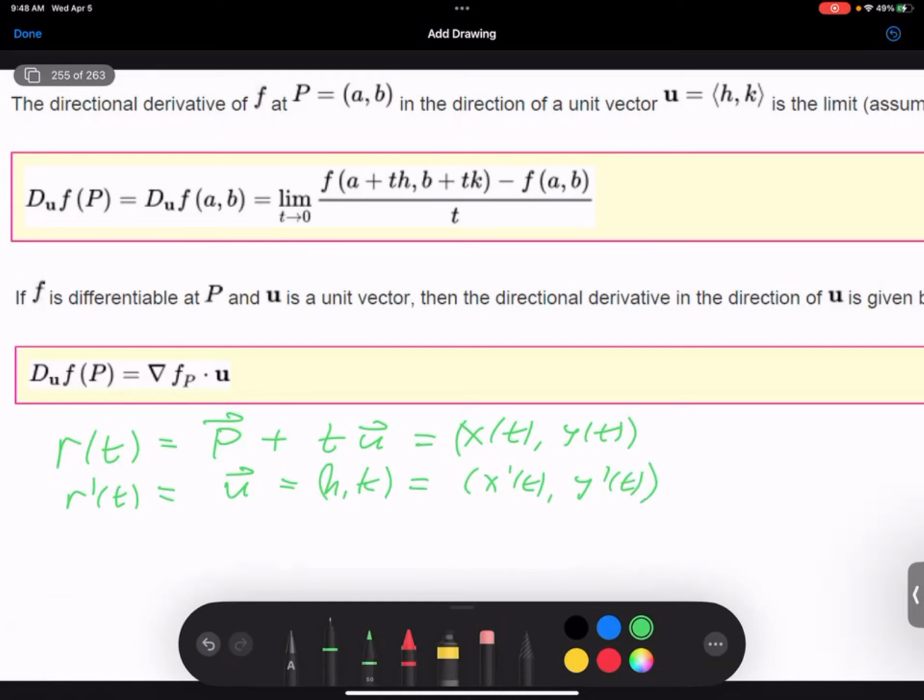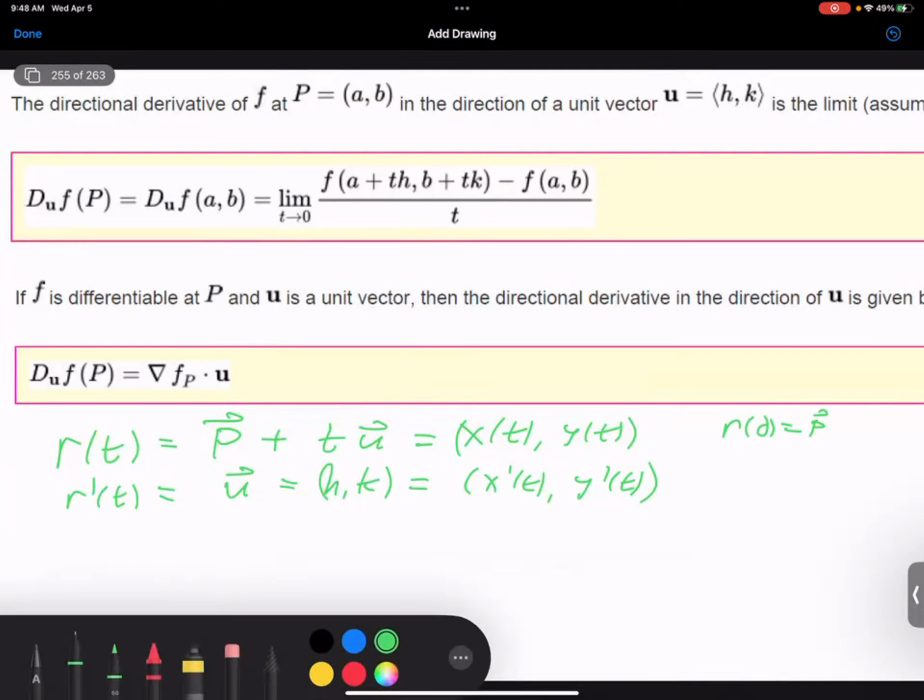So in the special case when we're going along a straight line, I can write down a very nice formula for r of t. It's just my initial point p plus t times u. What value of t corresponds to starting at the point p? So what value of t on the line corresponds to being at the point p? 0. So when t equals 0, we're at the point p.